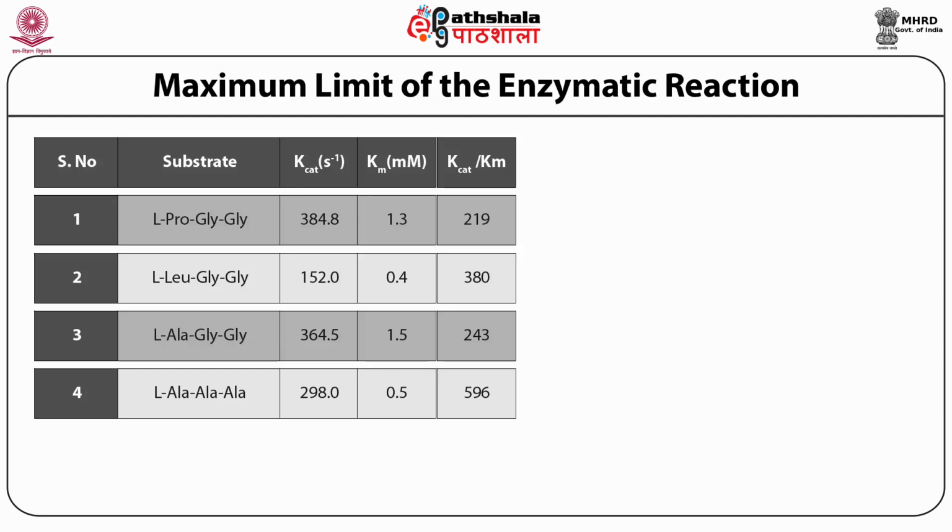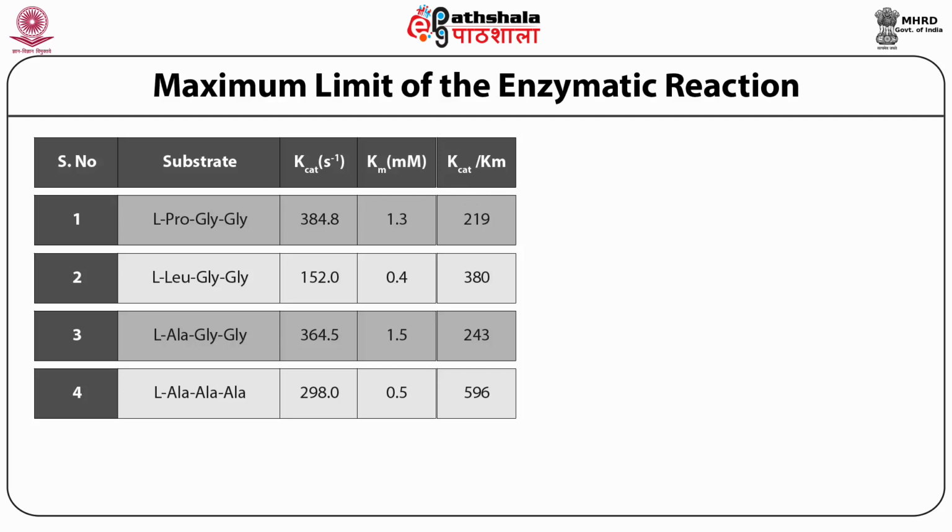Another question can be formed based on this data, such as which substrate has the highest binding affinity. The binding affinity is decided only by the Km. If an enzyme has the highest Km, then it is going to have the lowest binding affinity.